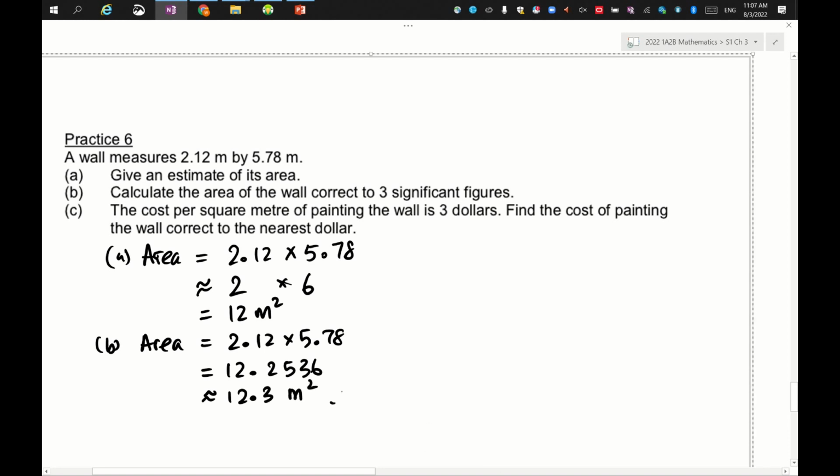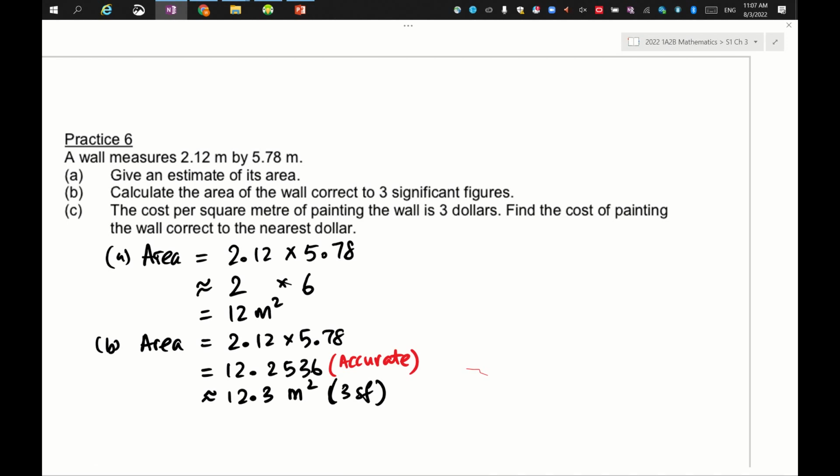So this is in 3SF. And just to take note, you don't need to write this red one, this is accurate. This is the best value you can use, 12.2536. But too many numbers lah. When you want to tell somebody the area, you don't have to say everything out. It is estimated to be 12.3.